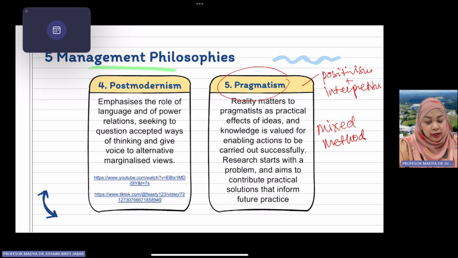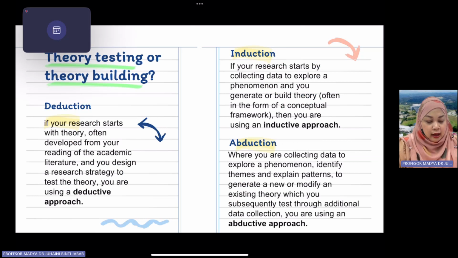Now we are going to look at approaches to theory development, whereby we will look into the second layer of the research onion. If you look at the second layer of your research onion, there's deduction, induction, and also abduction.